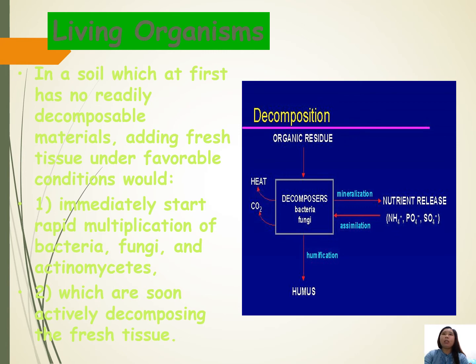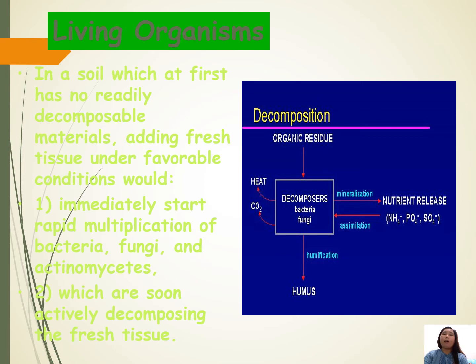So this is the decomposition process. Once you have an organic residue, which can be fresh plant residue, it can be used by decomposers such as the bacteria and fungi. Further decomposition would attain the resistant to decomposition one or the stable one, which is the humus.